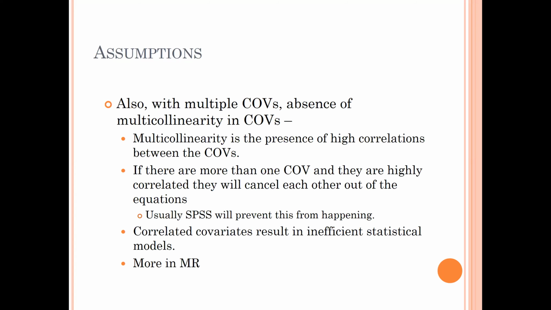If you have lots of covariates, you want to avoid what's called multicollinearity, which is a high degree of correlation among your covariates. This is basically just redundancy, and it's inefficient, and it will come back up in more detail in multiple regression analyses. Sometimes if you're doing the analysis in a statistical program, the program will actually not let you proceed when you have extreme multicollinearity.